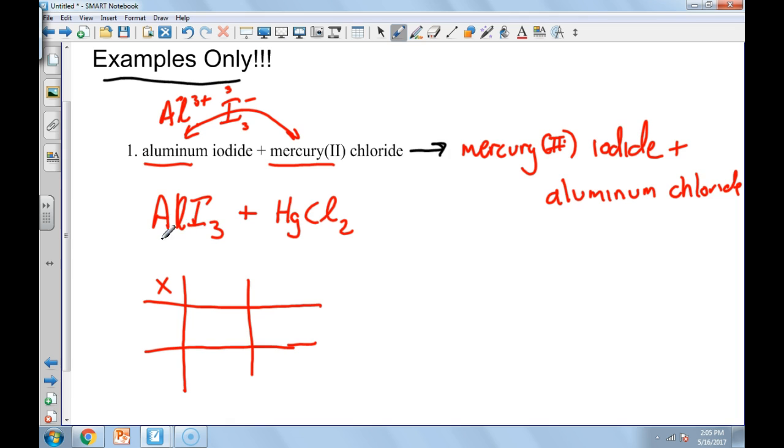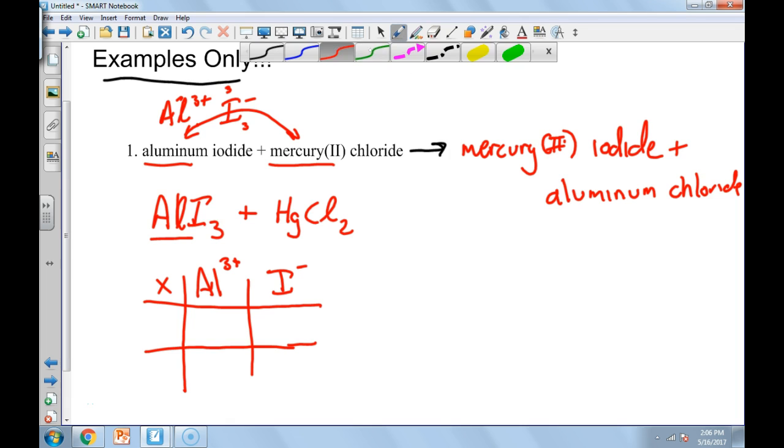So I'm going to take the first reactant, it doesn't matter which one actually, and I'm going to put the aluminum ion up here. And then I'm going to take the iodide ion and put it here. And notice I'm not putting the subscript here. I'm not putting that 3 in there because this is the iodide ion. We'll later balance this whole thing to get us the right answer.